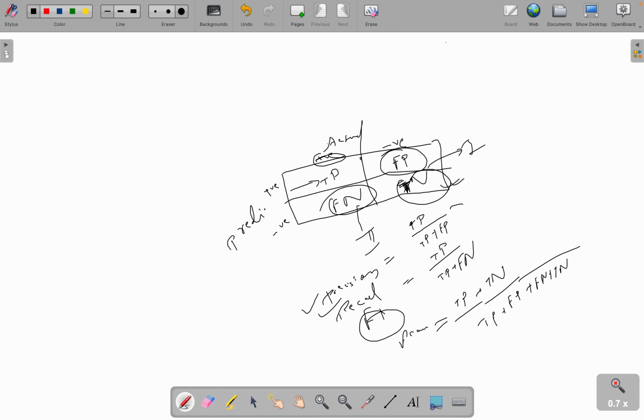And what are these two, precision and recall? Precision is, of all positive predictions, how many are actually positive. Recall is, of all real positive cases, how many are predicted positive. Recall is actually important when you are predicting something.